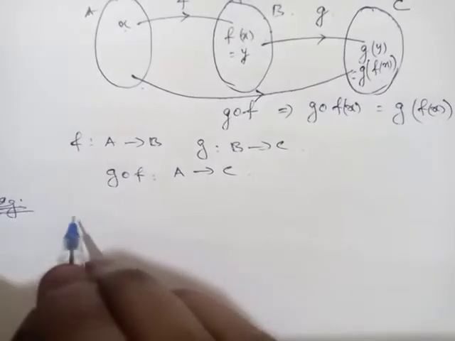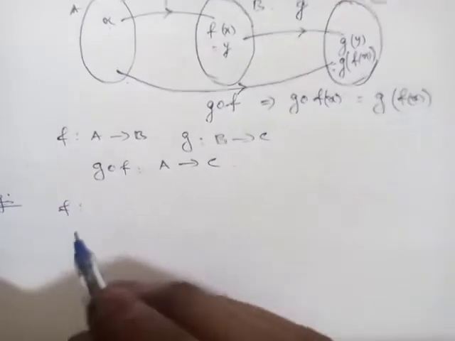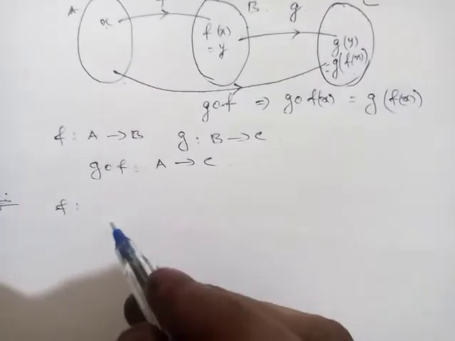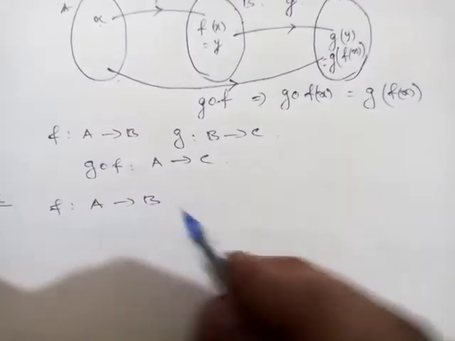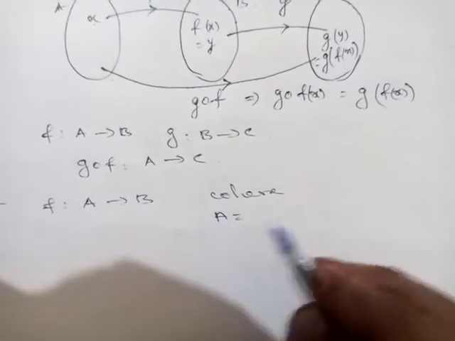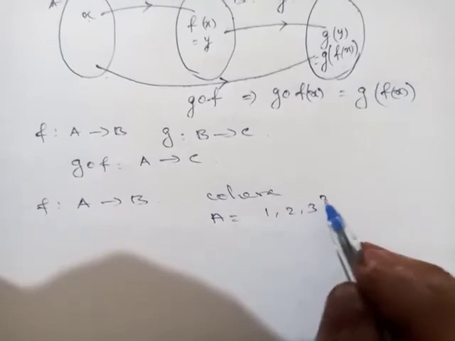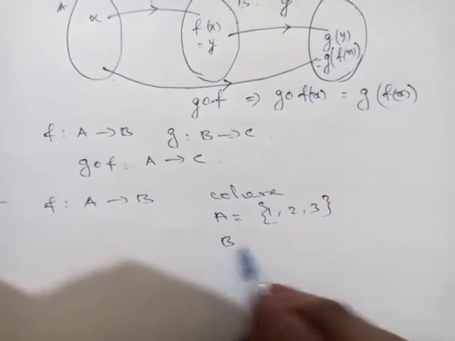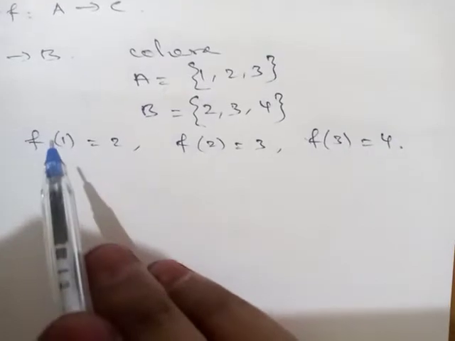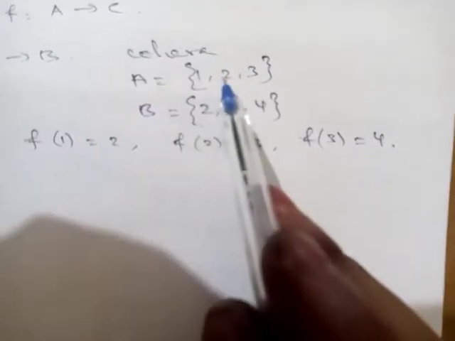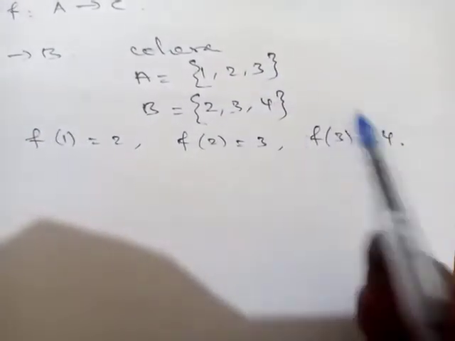For example, f is a function from A to B, where A is equal to {1, 2, 3} and B is equal to {2, 3, 4}, where f of 1 is equal to 2, f of 2 is equal to 3, and f of 3 is equal to 4.